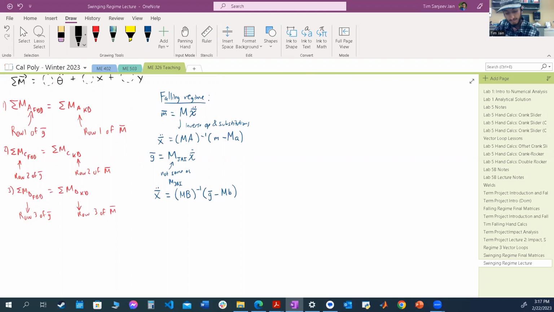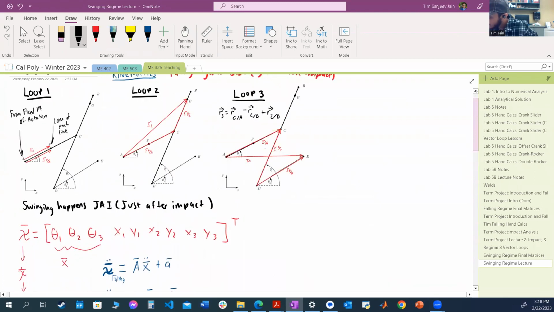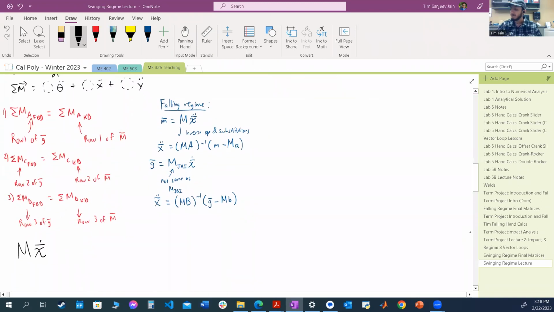So recall from angular momentum that M chi dot is essentially the angular momentum. JBI is equal to M chi dot JAI.